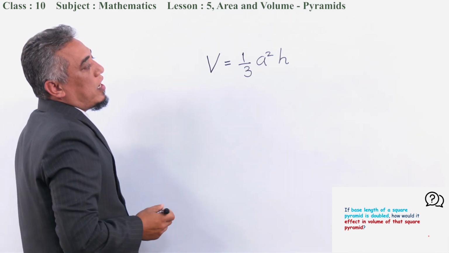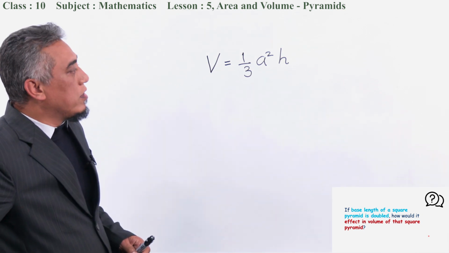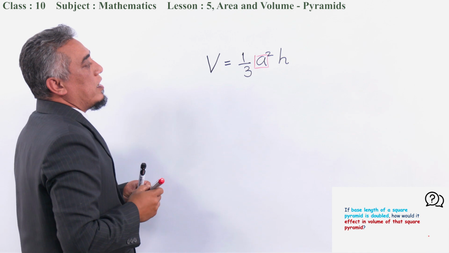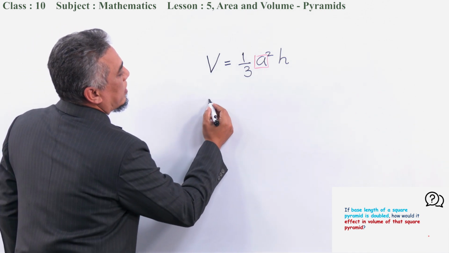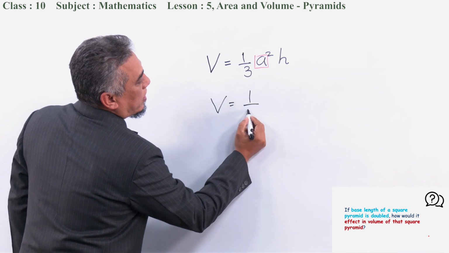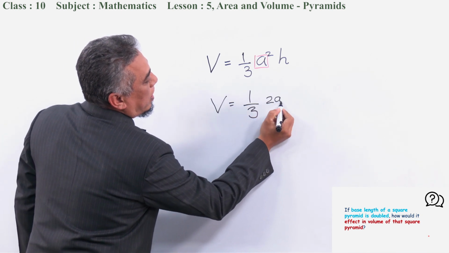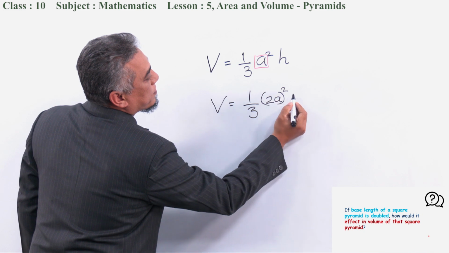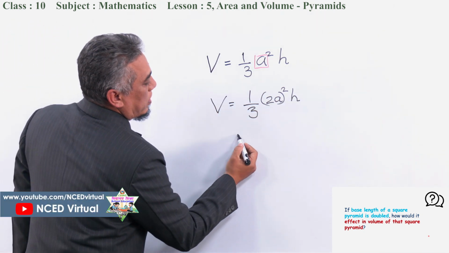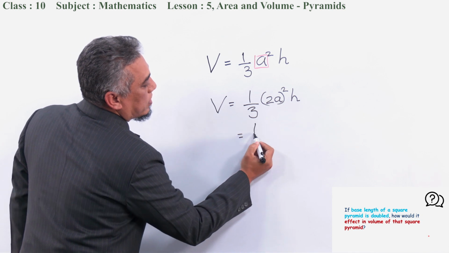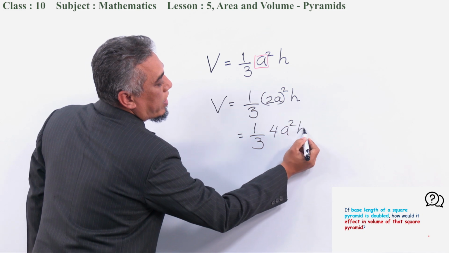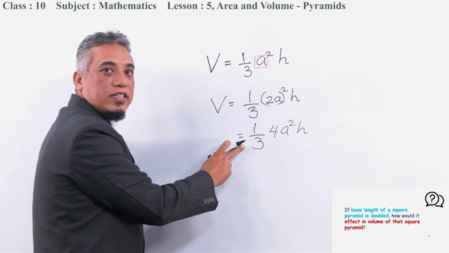And if we are going to double this a, we replace this as 2a, and the whole square is also there. So because of this whole square, now it becomes 4a squared H. You got it right?